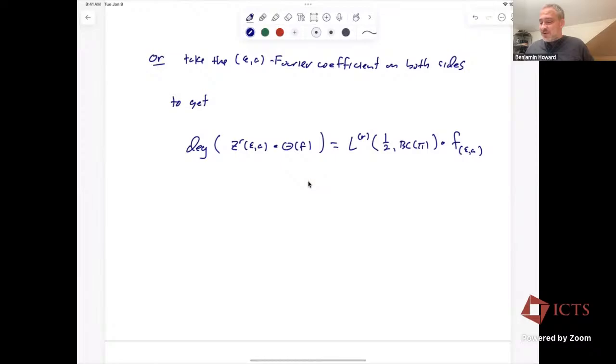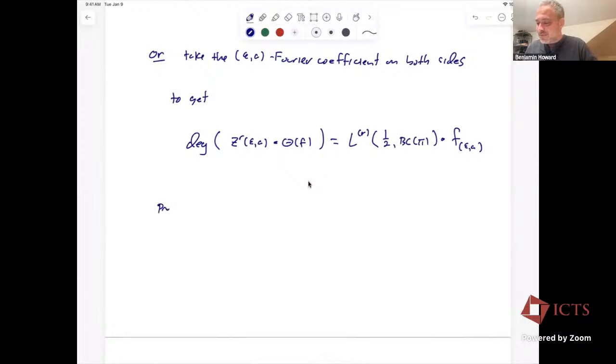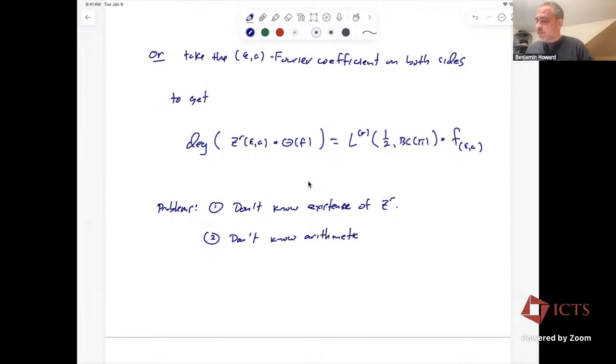To make all of this work, so one, we don't know the modularity conjecture. Two, we don't know arithmetic Ziegel-Weil for all EA.